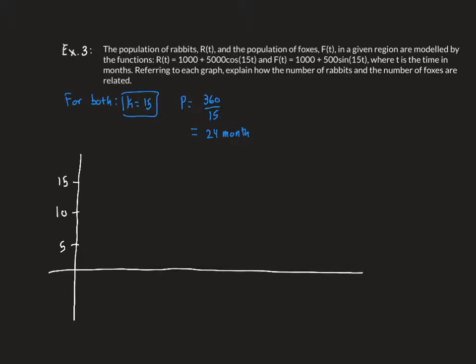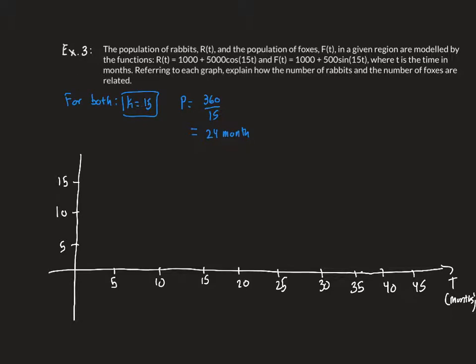They both have the same continuality, so let's have both of them split by 5s as well. So 5, 10, 15, 20, 25, 30, 35. Let's go up to 45. 40, 45. And we know this is t in months.